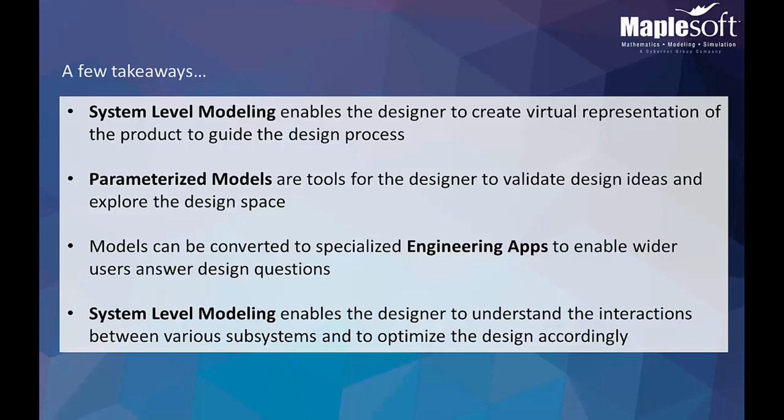Parameterized models by themselves are tools, but the designer can expand that to become engineering apps, and those engineering apps bring focus and utility to perform specific parts of the design, and also enable a wider user base to answer design questions. System level modeling also provides understanding of how the design interacts with a bigger system and how the overall system can be optimized to work perfectly.